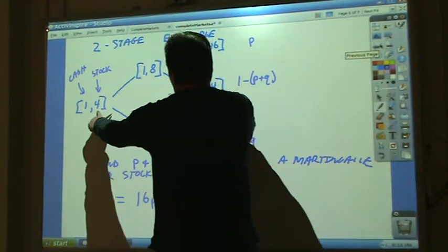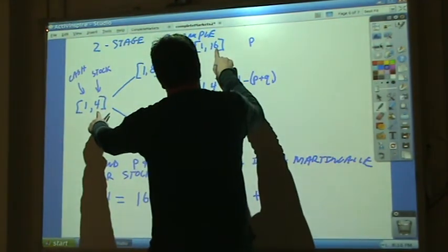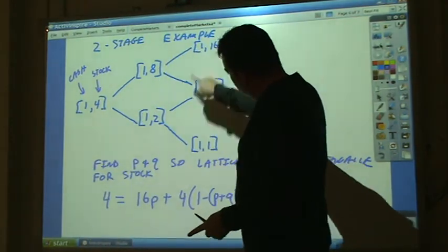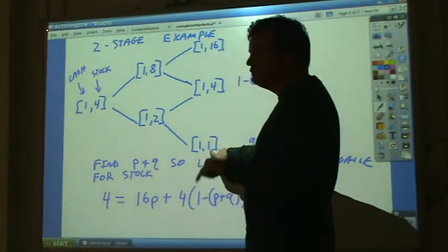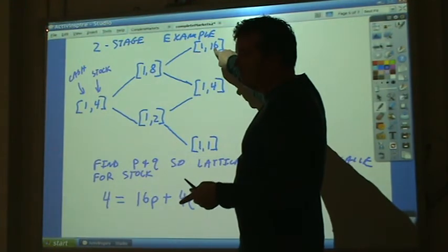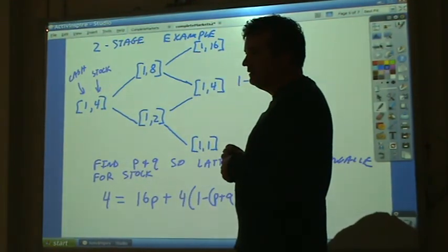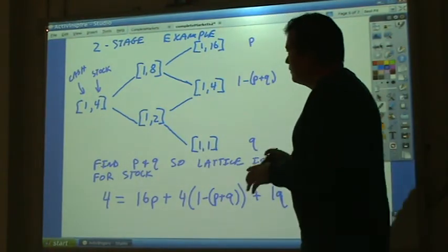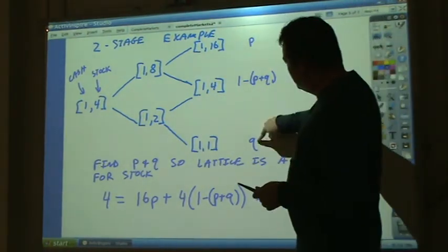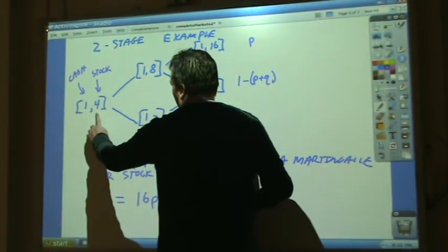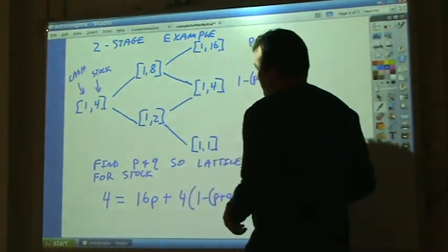It's just that going down here has to be 4 times more likely than going up here, and then this could be the remainder. That kind of makes sense? What we're trying to do is come up with P's and Q's to make this a martingale, so that if you invested $4 today, you can expect to have $4 2 years from now.